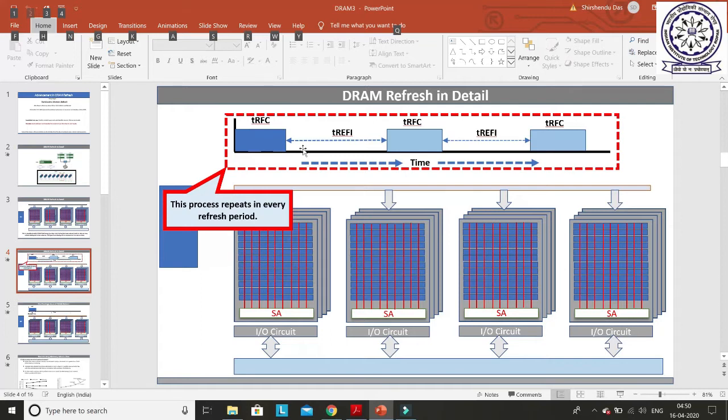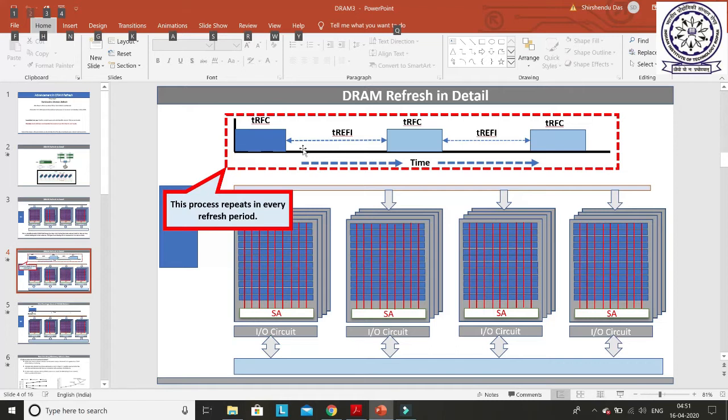But that 64 millisecond refresh period is for ideal temperature. That means the DRAM temperature is from 0 to 85 degrees centigrade. Up to this, the refresh period should be 64 millisecond. If the temperature is above 85 degrees centigrade, then the refresh period should be 32 millisecond. Why this difference?